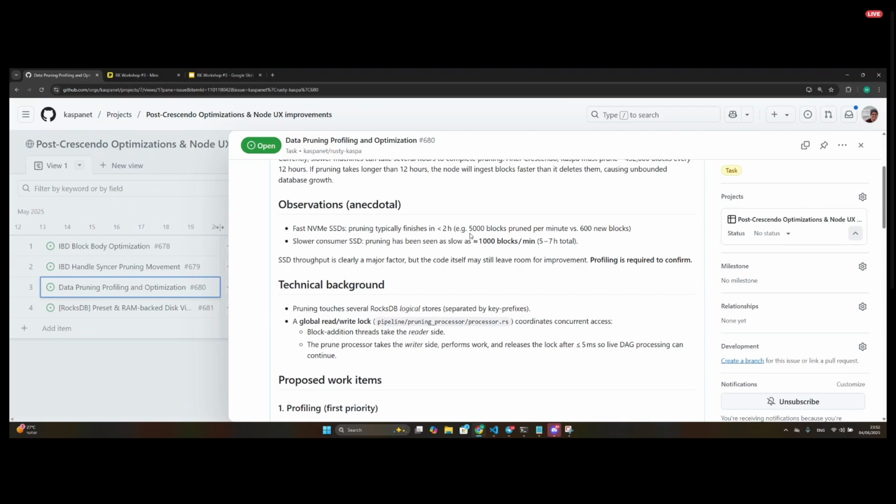On testnet, I wasn't sure. Maybe the slowness is also related to a lot of block data, like 100 kilobytes per block, which is more significant in terms of information. Maybe it takes time to delete that for some reason. But from what I see on mainnet, it seems like it's about the header structure, the DAG structure, so that's where we can optimize.